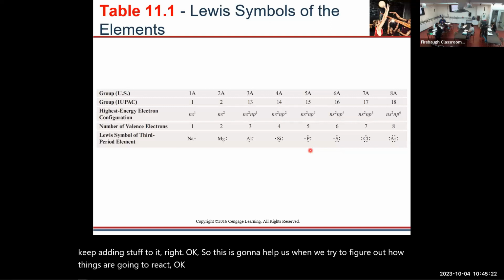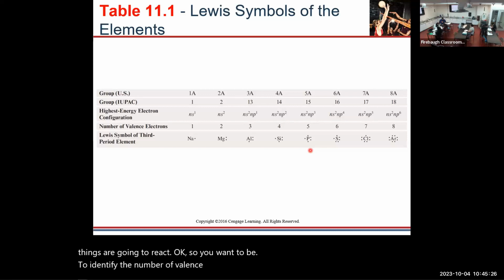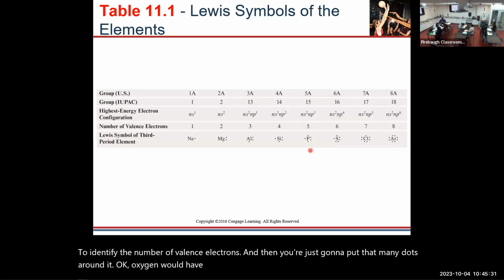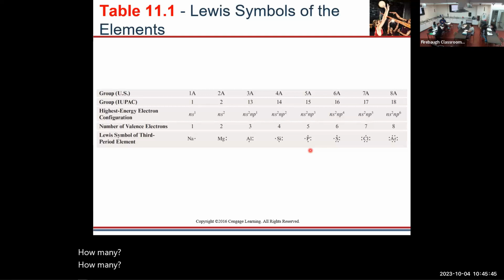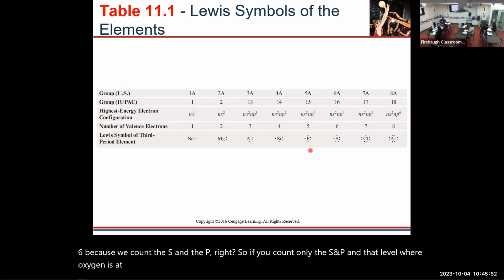So you want to be able to identify the number of valence electrons, and then you just put that many dots around it. Oxygen would have how many dots around it? How many? 6, because we count the S and the P. If you count only the S and the P in that level where oxygen is at, it's 6.